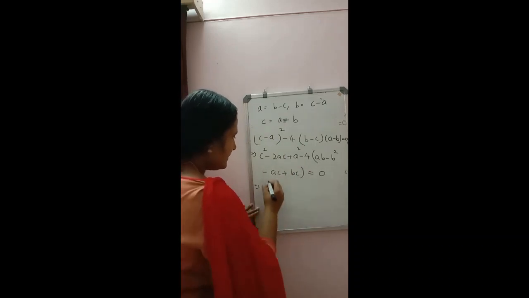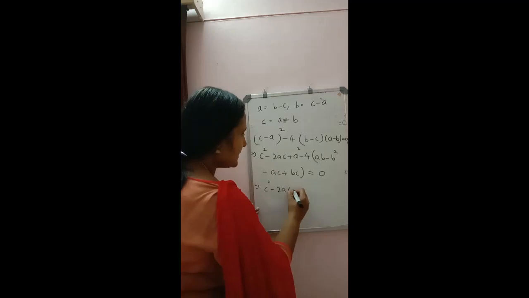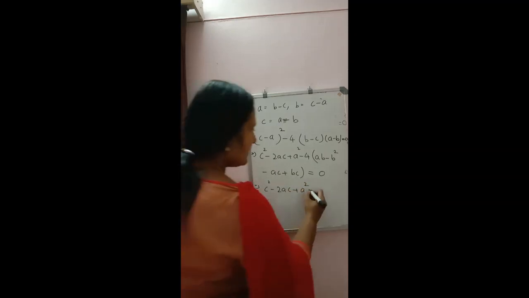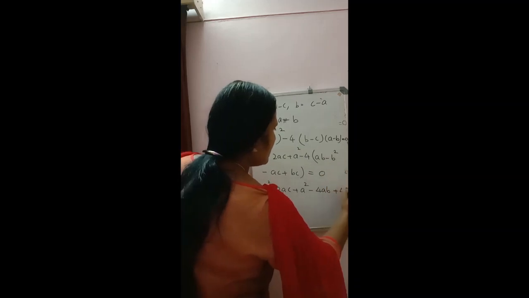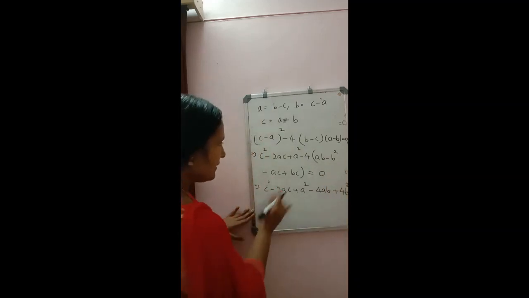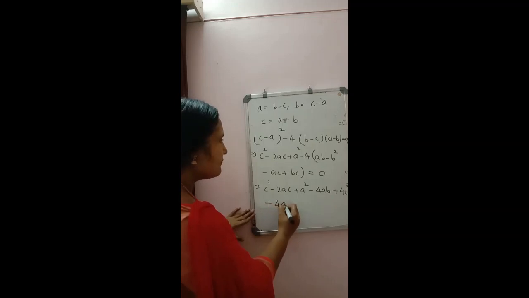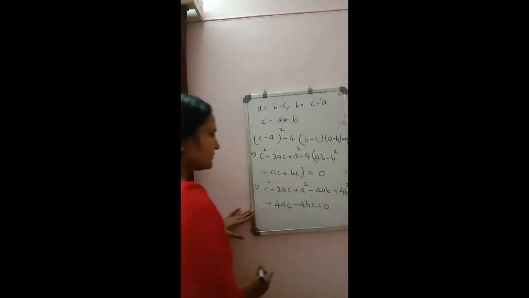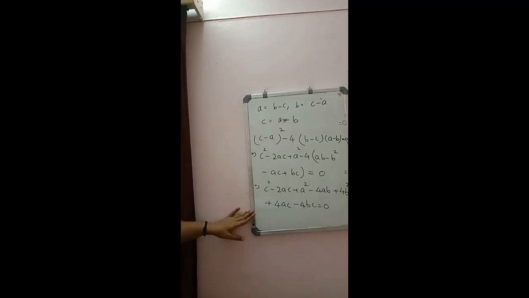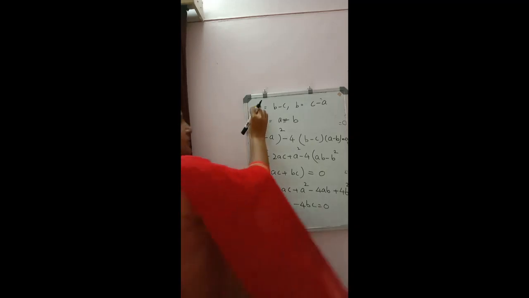Remove the bracket. c square minus 2ac plus a square minus 4ab, minus into minus will be equal to plus 4b square plus 4ac minus 4bc is equal to 0. Now I am going to rearrange so that you can identify.